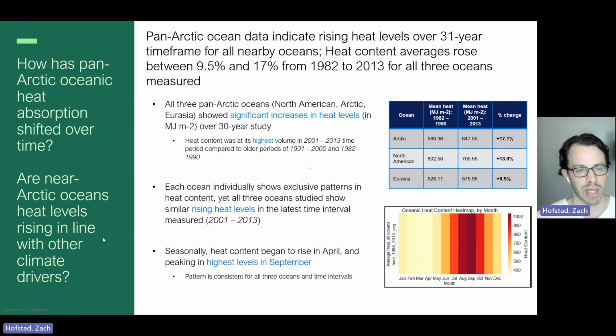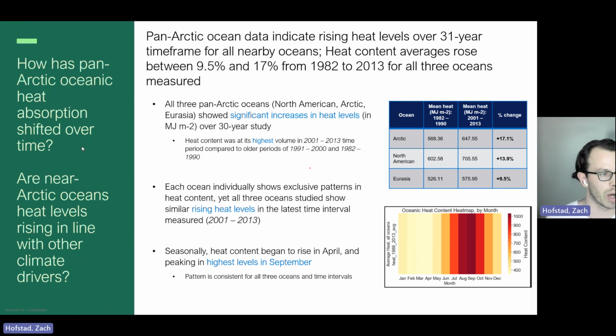Illuminating the data via visualizations showed that the Arctic Ocean showed a 17% increase in heat levels from the first time period interval of 1982 to 1990 to the latest, which is 2001 to 2013, the North American Ocean showed nearly 14% increase in heat levels, and the Eurasia Ocean showed nearly 10% increase in heat levels. And in this study, heat levels were measured in MJ/m2 units, which stands for megajoules per square meter, which is a common instrument of measuring heat in ocean capacities.